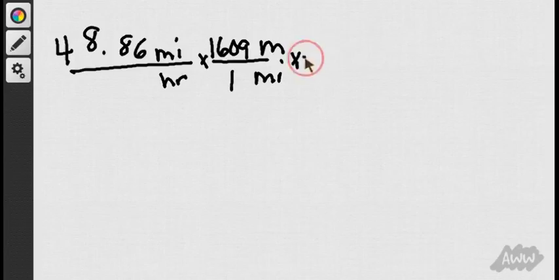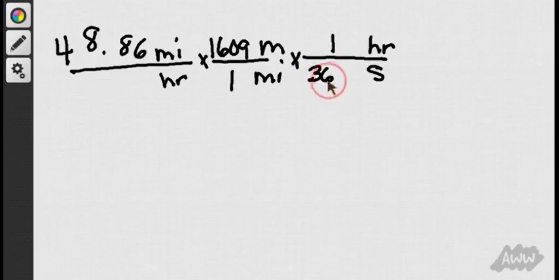Then we need to do another thinking line, and now we've got to get rid of our hours. So we're going to put hours on top since hours is on bottom down here, and we're going to put seconds on bottom. And we know that in 1 hour, there are 3,600 seconds. Now, we multiply by everything on top, divide by everything on bottom. Our units, miles cancel, hours cancel, and we're left in meters per second.